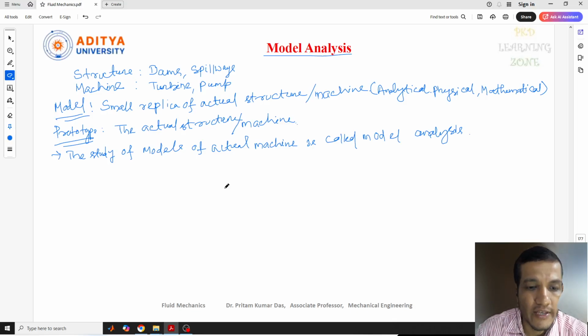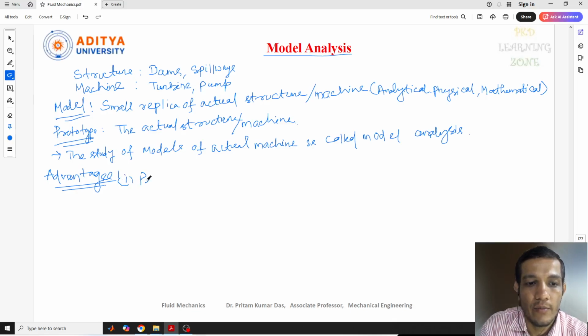For this, some advantages are there in model analysis. We can easily identify the performance of a structure or machine.